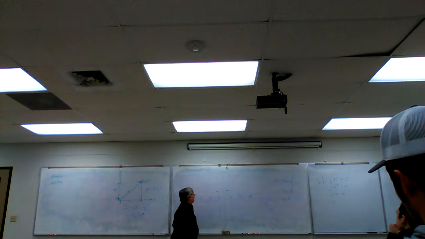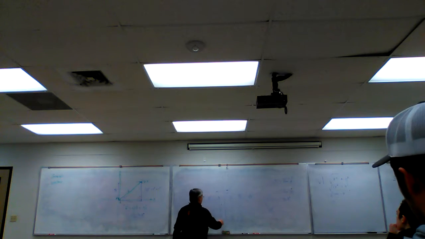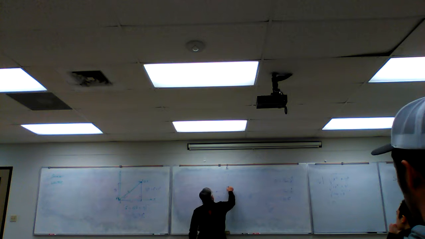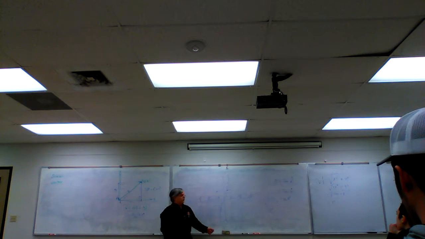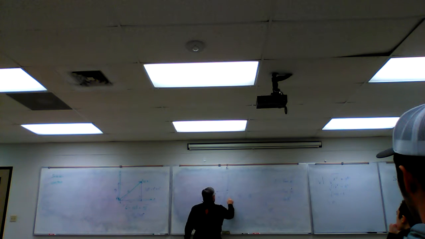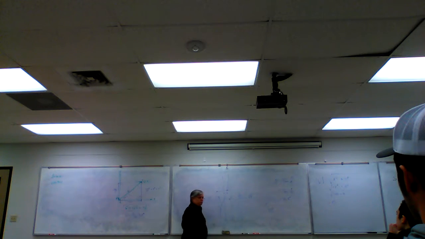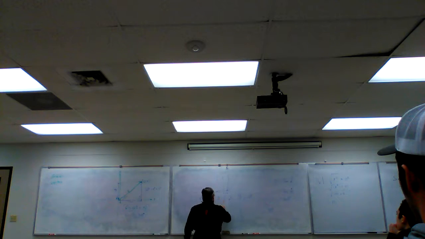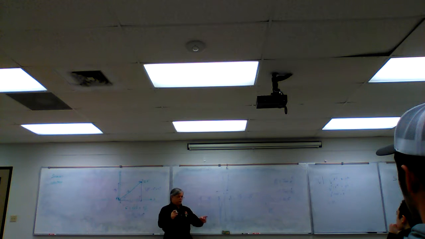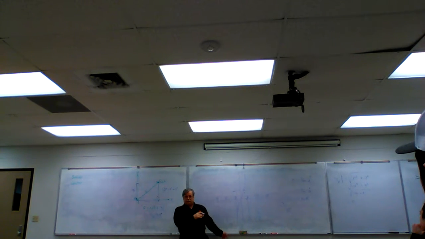What you're going to get is a value over here. Because your calculator is going to give you the value of x that corresponds to that value of y somewhere in this primary domain, this first interval, minus pi over 2 to pi over 2.